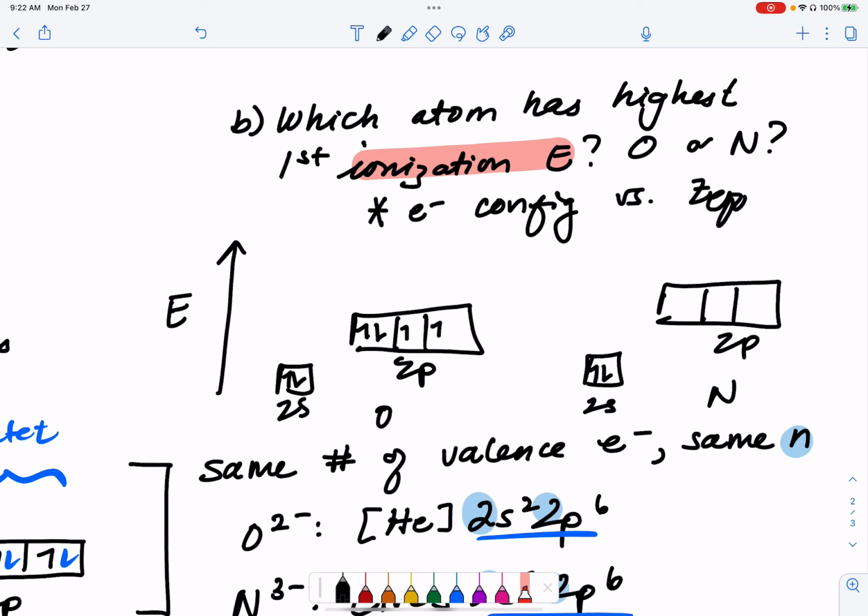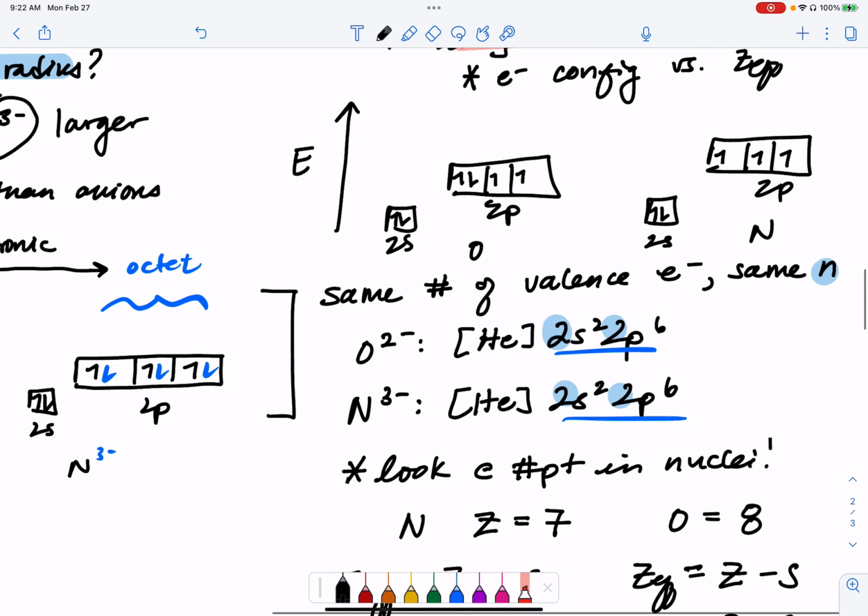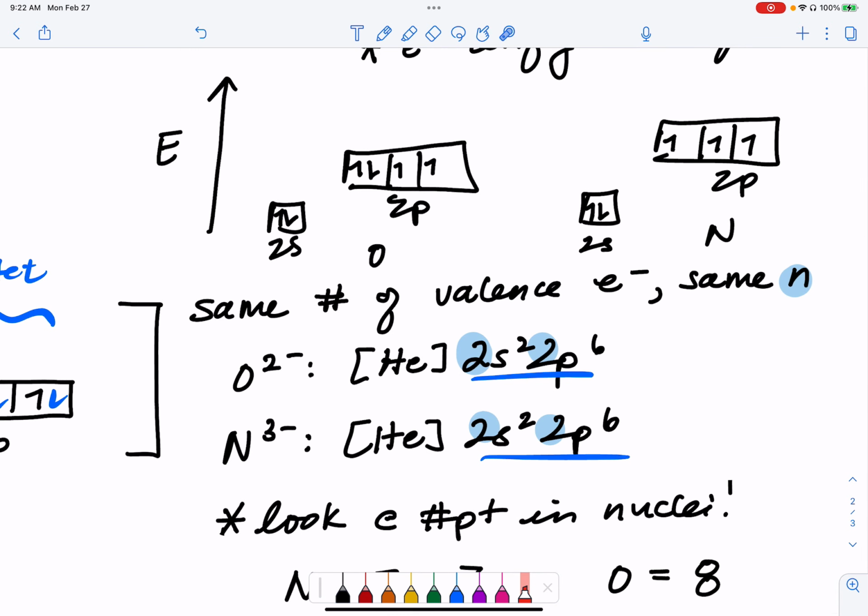Nitrogen, 2s2, 2p1, 2, 3. Uh-oh. What do you notice about this valence orbital of our nitrogen? Notice each of these p orbitals is half full, which means this is quite a stable electron configuration compared to oxygen, which has only 2 half-full electrons instead of every orbital being either full or half full.